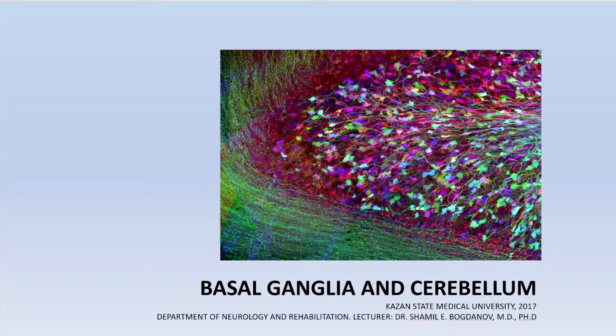So under proper software correction, you may see that this makes beautiful pictures. And by the way, it's also clearly visible that the outermost layer here is nearly cell-free because these are axons. So let's start studying it all.